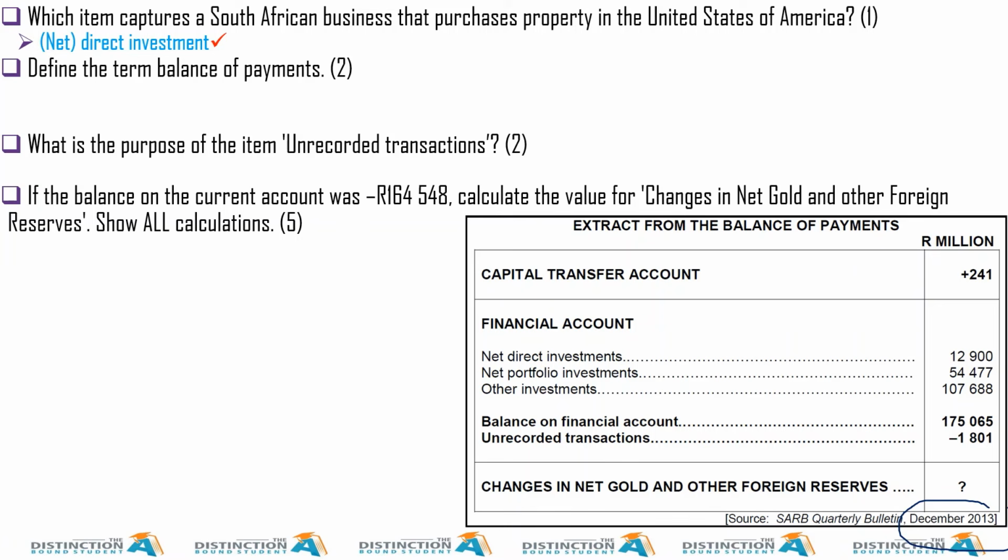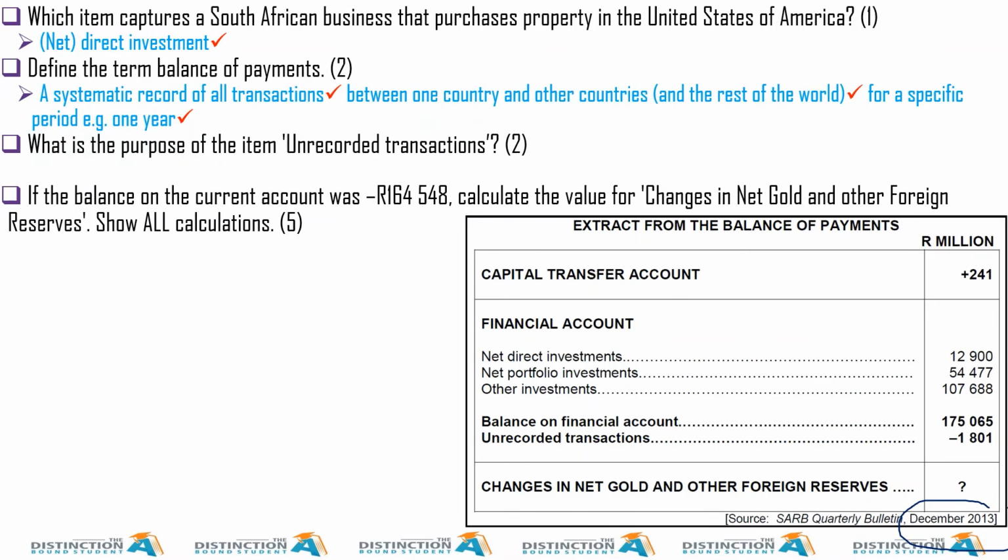And define the term balance of payment. Okay, it's a systematic record, I always say not a haphazard record, of a country's transactions with the rest of the world. So when we buy from other countries, it's recorded. When they buy from us, it's recorded.